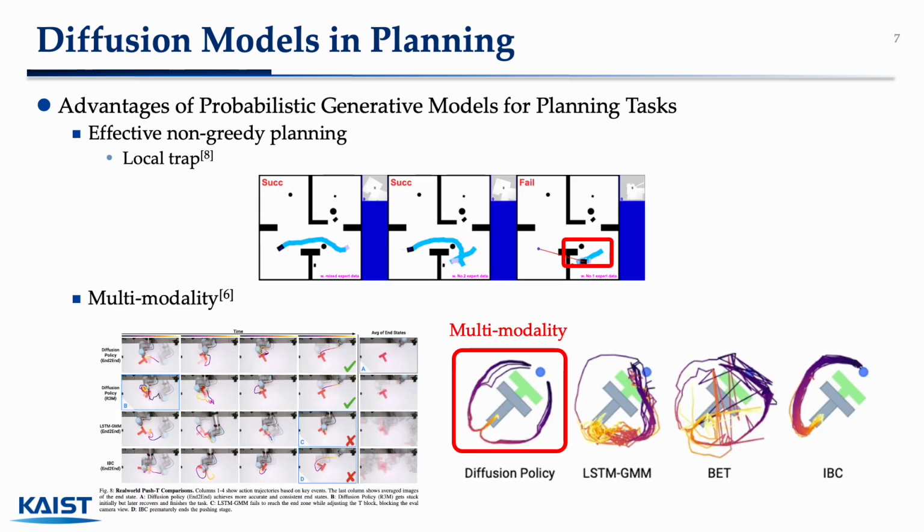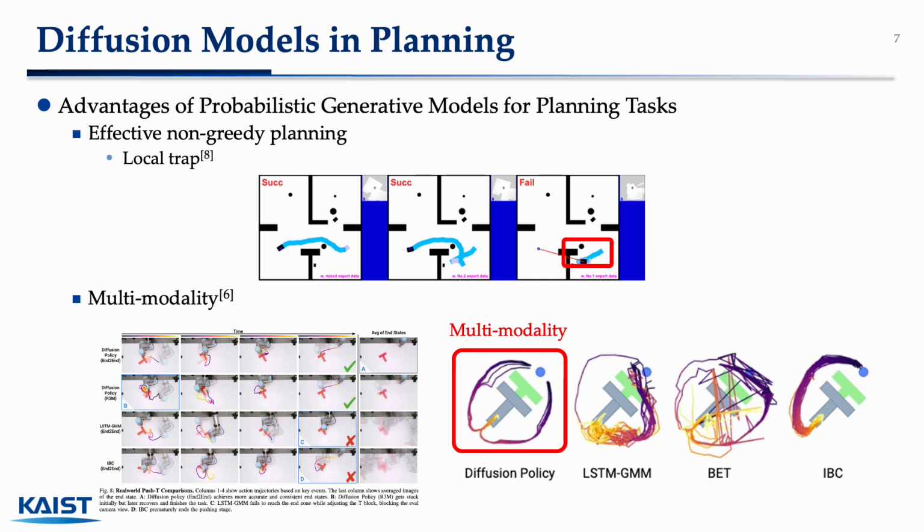Let's take a moment to understand why diffusion models are particularly robust when applied to planning. First, diffusion models allow effective non-greedy planning. Because the sampling process starts from random noise, diffusion models can explore a wide range of possible solutions, increasing the likelihood of escaping local minima.